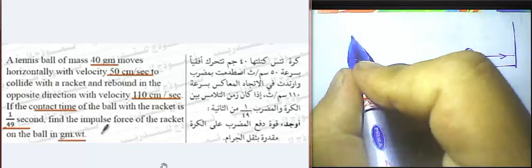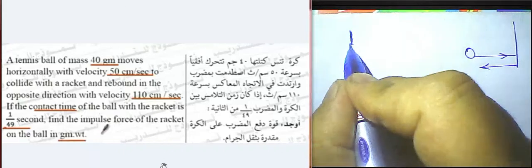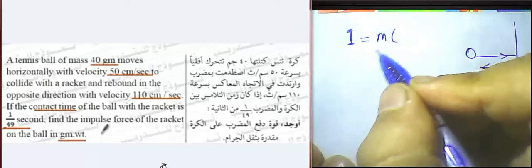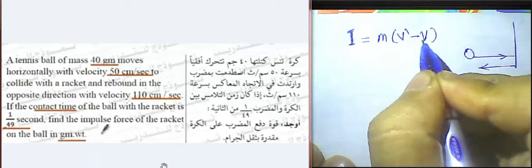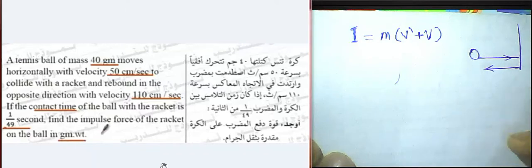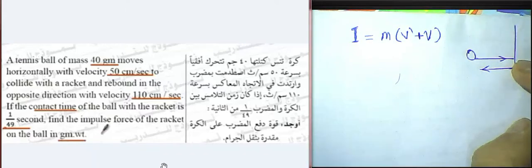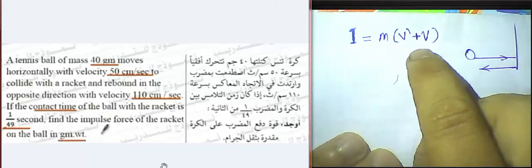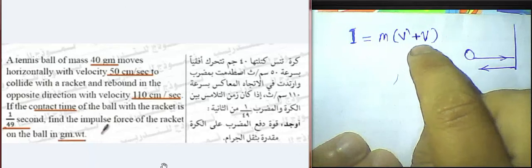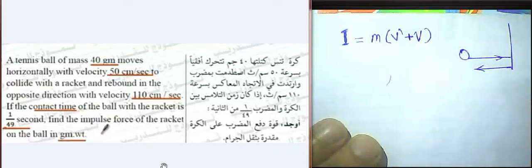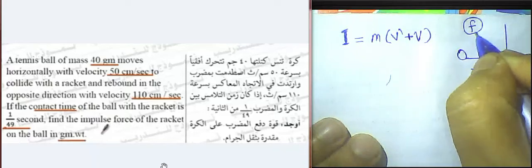So we can write the equation I equal m multiplied by v dash subtract v, and we can convert the sign here because the ball collides with the racket and rebounds, so we must convert the sign. It will be positive. Then the impulse equals m multiplied by v dash plus v, but he wants to find the force.